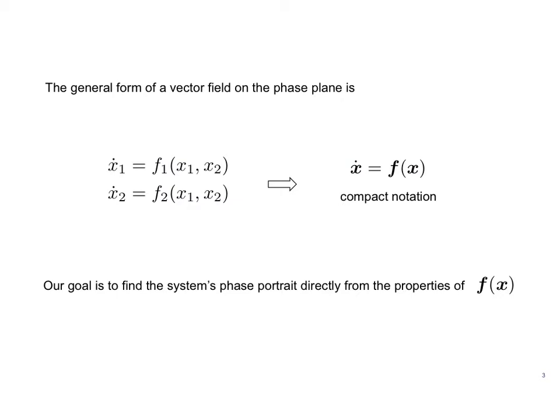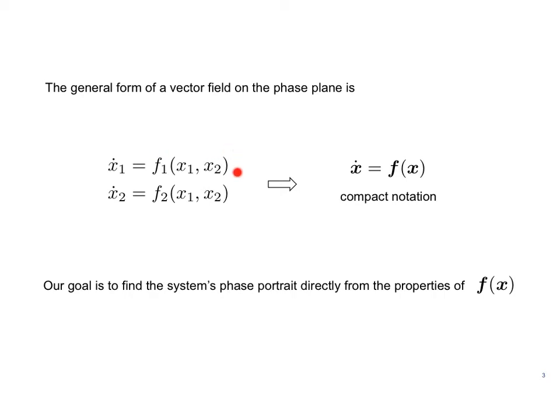So what does a two-dimensional system look like? We already know that we have two variables. In this case we can call it x dot 1, x dot 2, and this is similar to what we had last time, when we were talking about x dot, y dot, so just two variables.